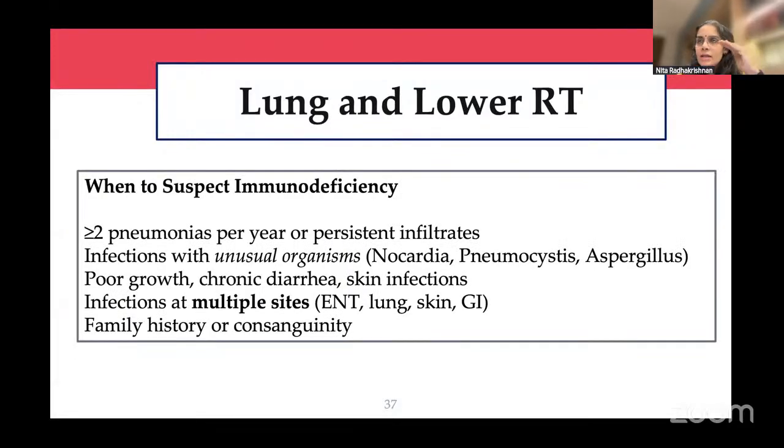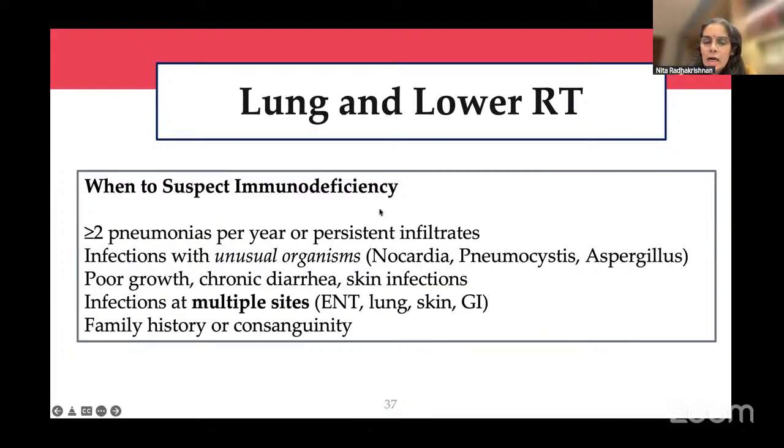So here again the dictum is, failing to thrive, evaluate. Patients who have allergy with lung infections, infection with an allergy, evaluate. Patients who have a family history, consanguinity, evaluate early. If the ENT infection is associated with something else, for example, you have recurrent sinusitis with an immune thrombocytopenia, or if you have recurrent infections in the lung plus the gut, so there are two systems involved, again, high chances that there is a systemic disorder which is causing all of this.